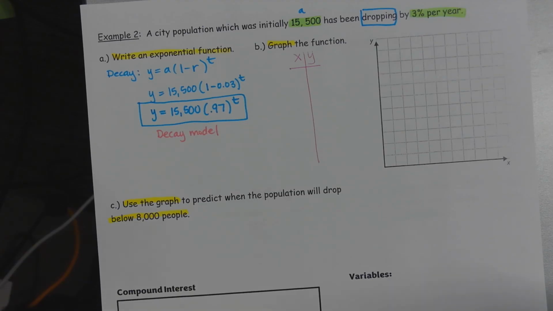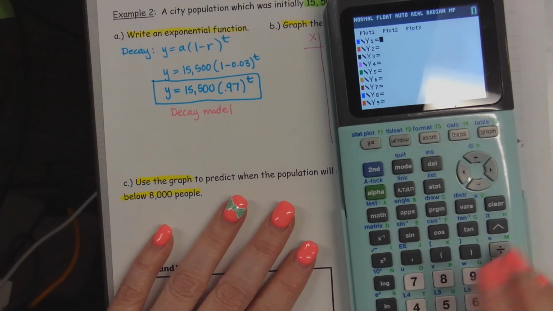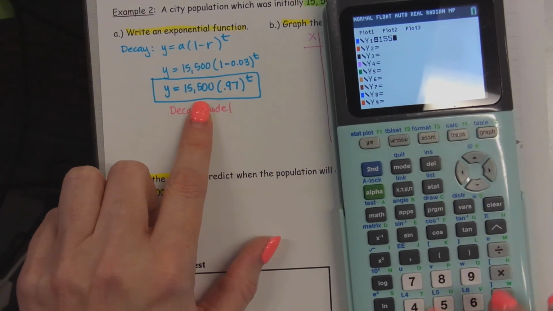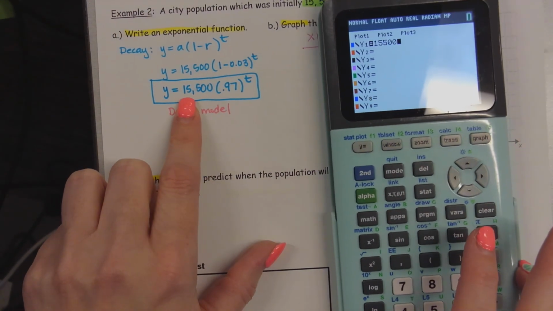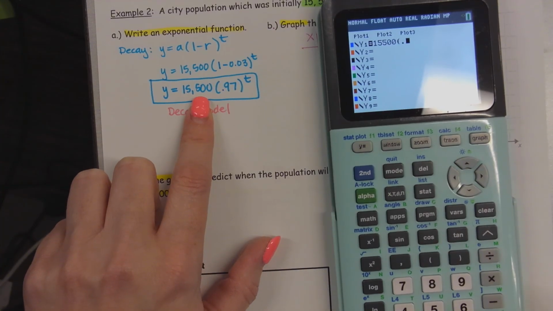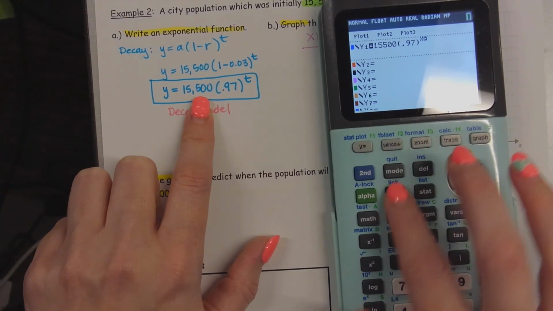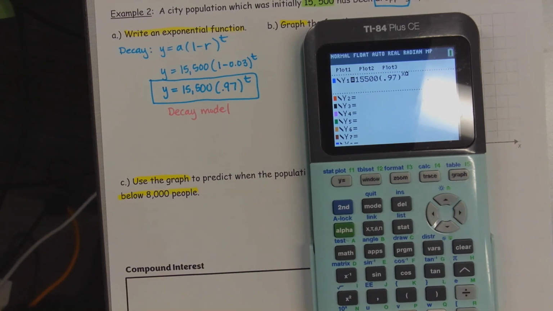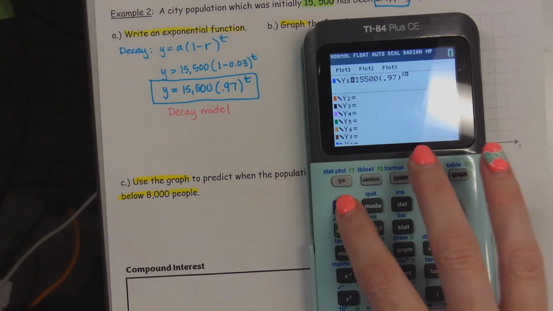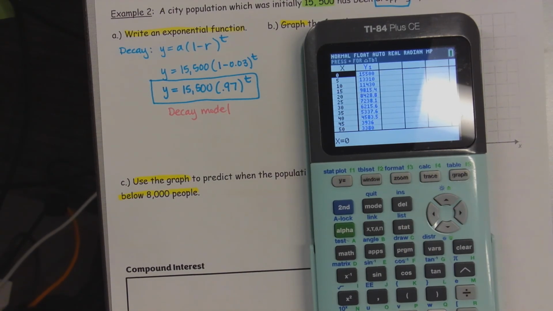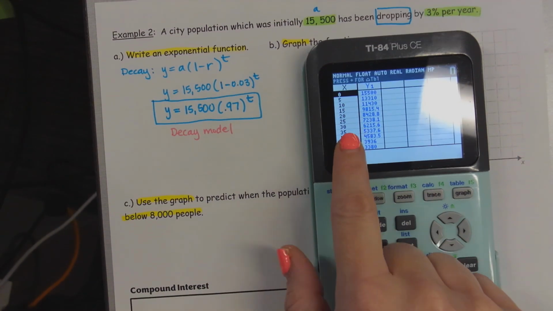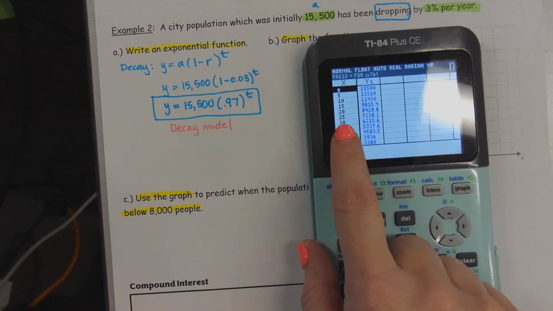Okay, so we're going to start with our model. I cleared out the last one. So we have 15,500, 0.97 to the power of x. Again, we can go straight to the table from there. I still have mine going by 5s. Let's see if that's enough to dip below 8,000.